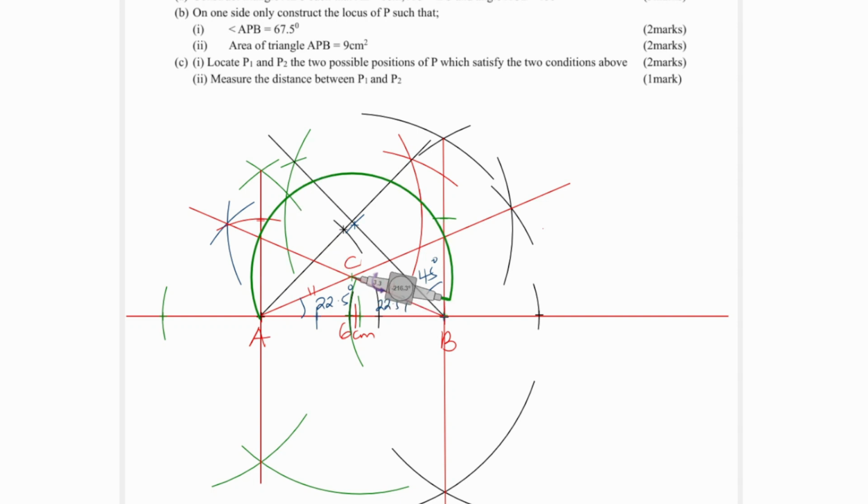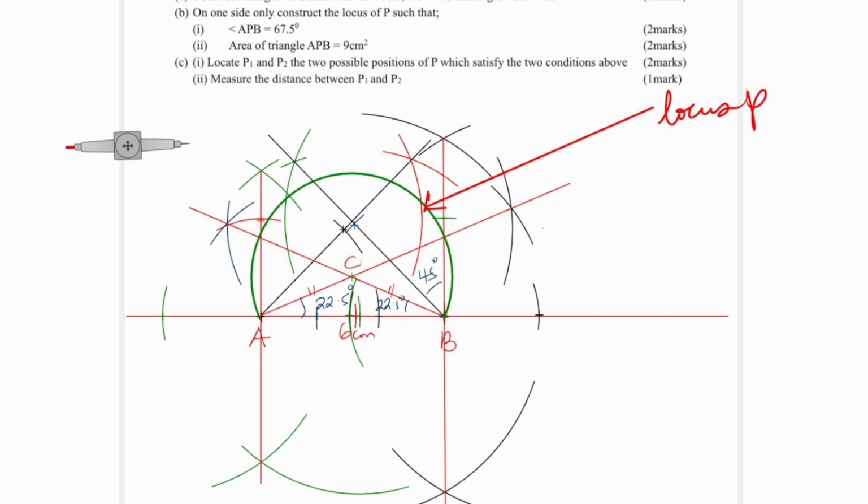You can see the circle touches points A and B using C as the center. The angle at C is 135. The angle that will be subtended anywhere along that circumference will be 67.5. Therefore, the locus of point P will be on this arc. So this is where the locus P will be. So that one is done.